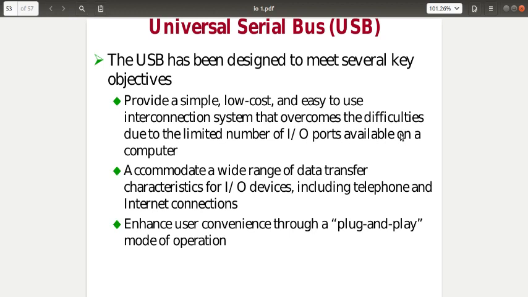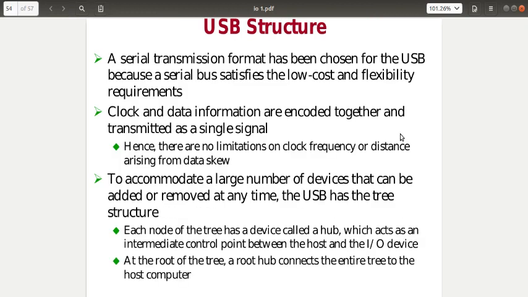So those are the two main advantages, universality or standardization, and expandability. Then there is the convenience factor of plug and play. So flexibility and low cost are among the main advantages of USB.